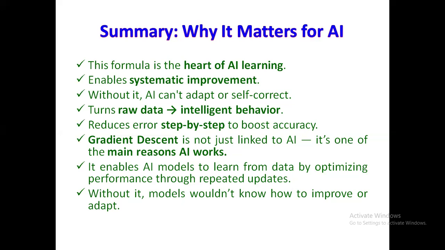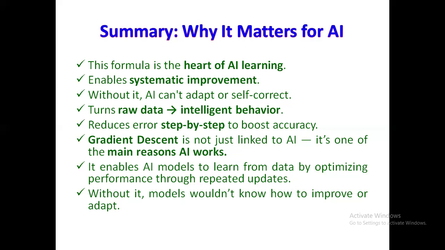At the heart of an AI model is the ability to learn from data, that is, to recognize patterns, make decisions, and improve over time. Gradient descent makes this possible by providing a systematic way to optimize the model's performance. It does so by minimizing the loss function, which measures the gap between the model's predictions and actual outcomes.